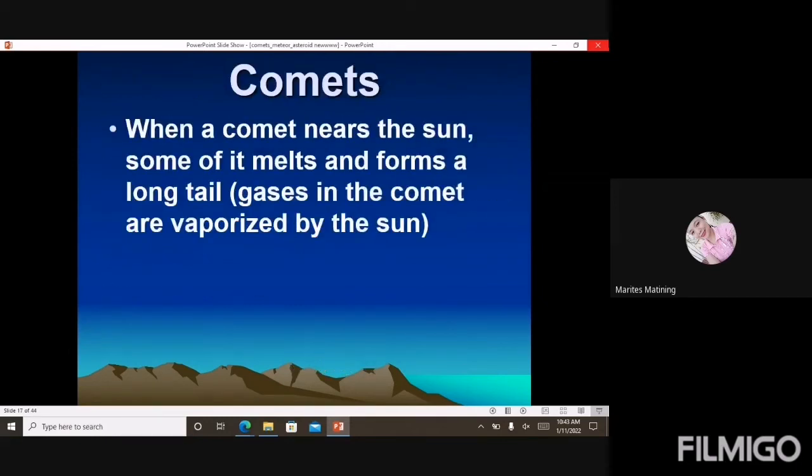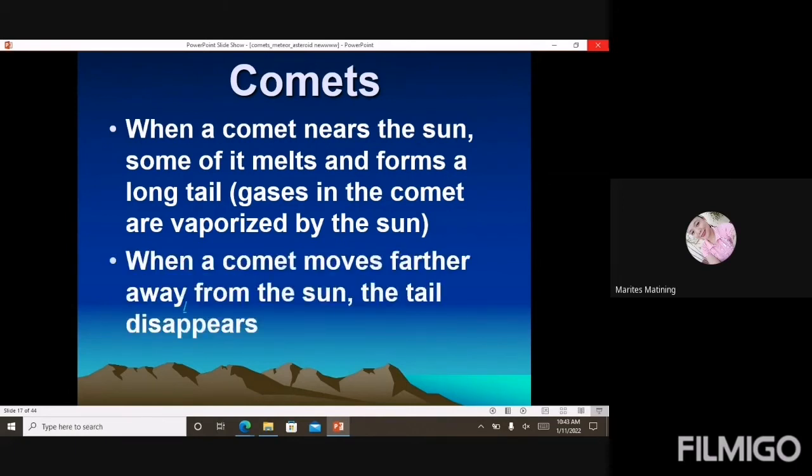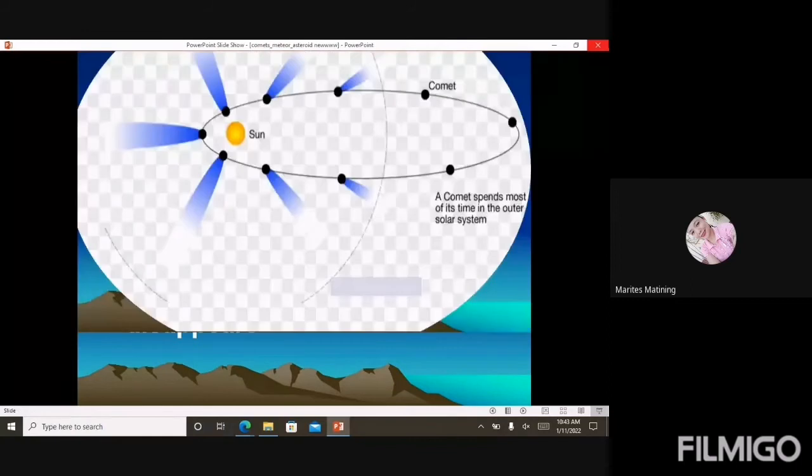So, when a comet nears the sun, some of it melts and forms a long tail. That's the gases in the comet that are vaporized by the sun. Kaya para nakikita natin, meron siyang buntot. May tail siya. When a comet moves further away from the sun, the tail disappears. Ayan.